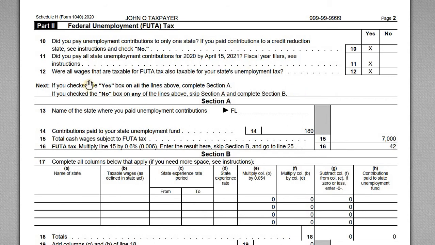Then it asks, were all wages that are taxable for FUTA also taxable for state unemployment tax purposes? Yes. In some cases, you can have compensation that isn't subject to taxes in one or the other, but in this case, it's getting the same treatment.